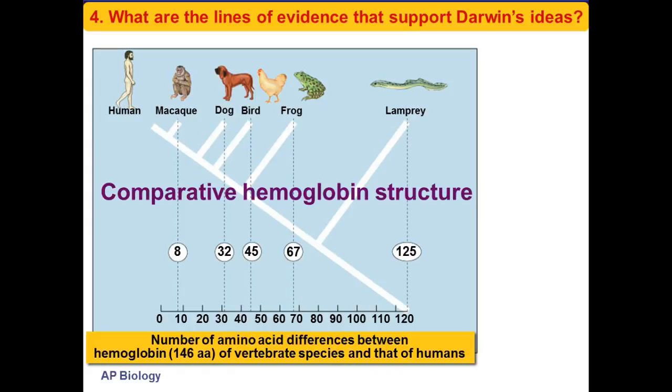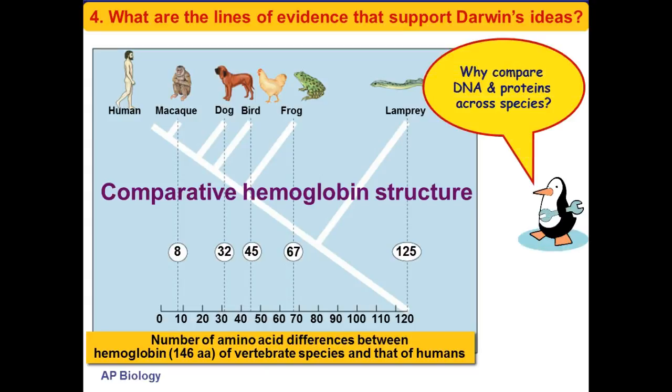There's 146 altogether, but not every species with a backbone has exactly the same sequence of 146 amino acids in its hemoglobin. So for instance, if we compare the human to the macaque monkey, there are only 8 differences in its stretch of amino acids.